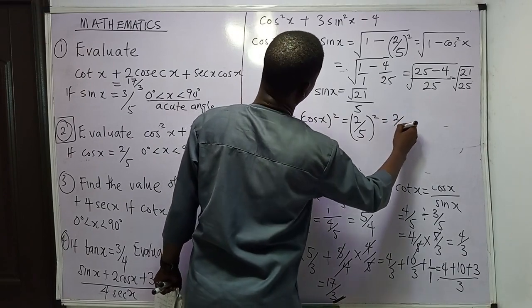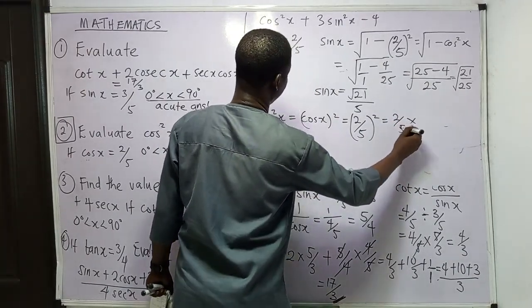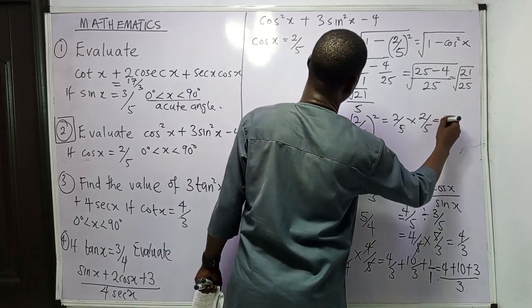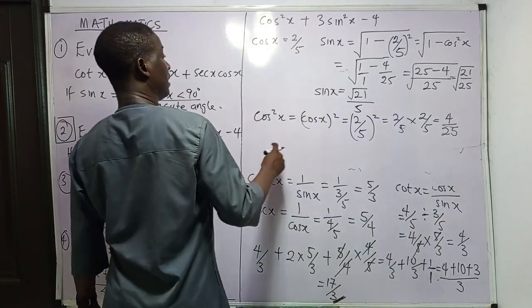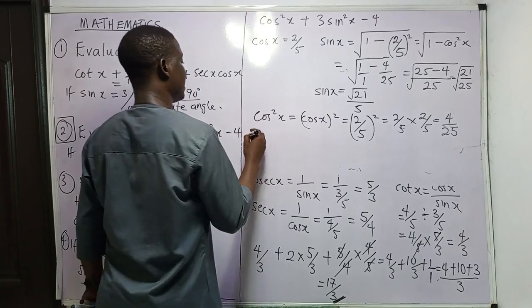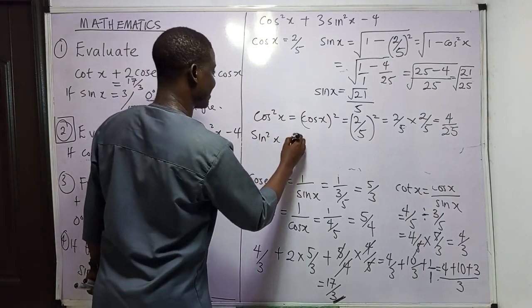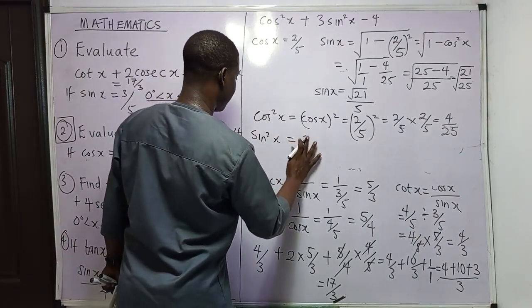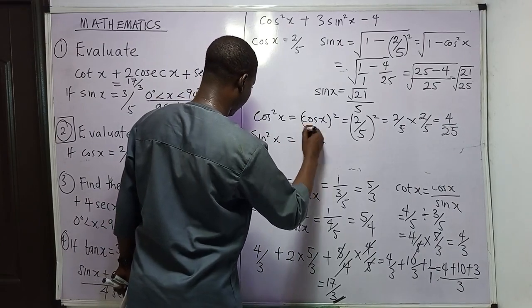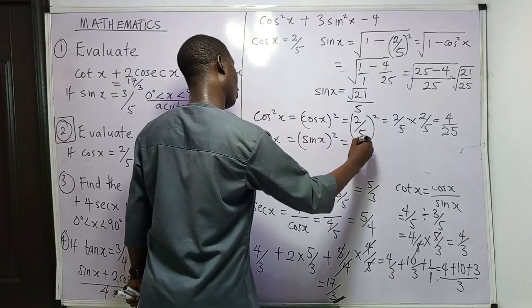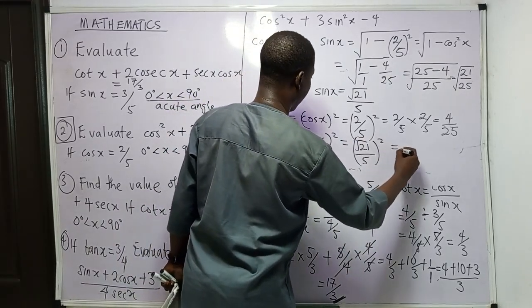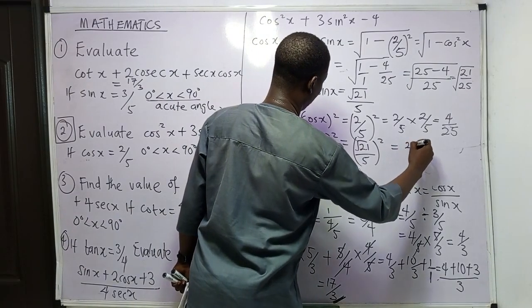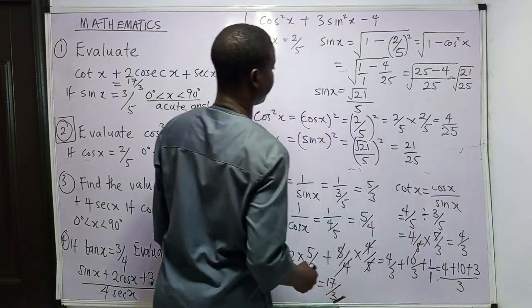That will give us 2 over 5 times 2 over 5, which is 4 over 25. That is what we're going to have for cos square x. What about sine square x? Sine square x is equal to sine x all square. And that will give us square root of 21 over 5 all square. We're going to have it as 21 over 25.